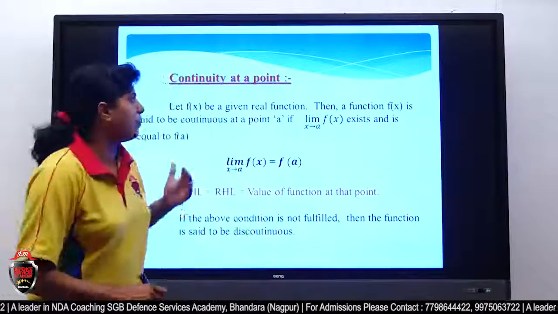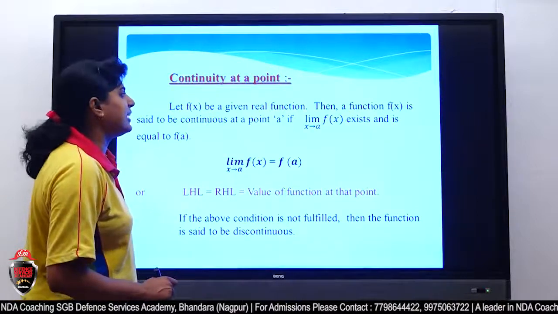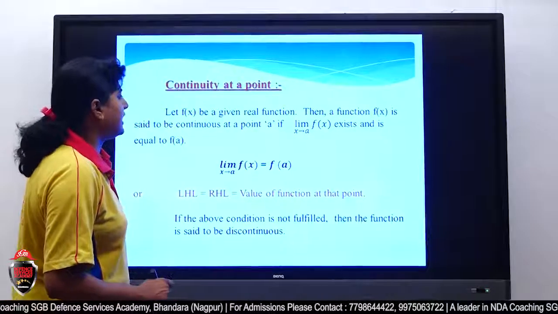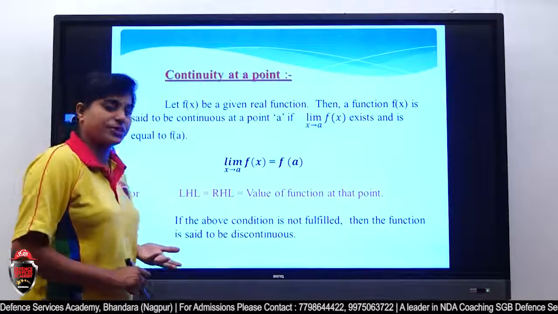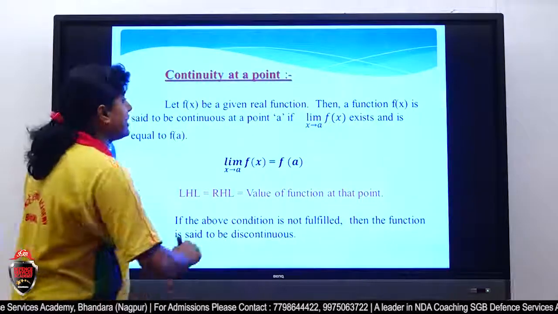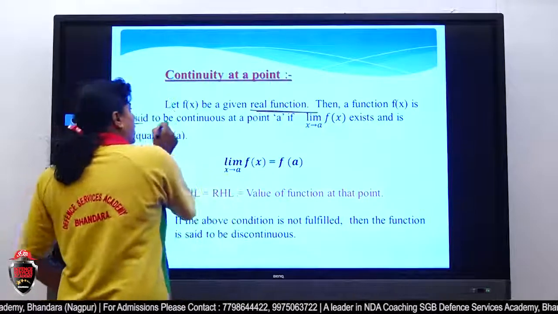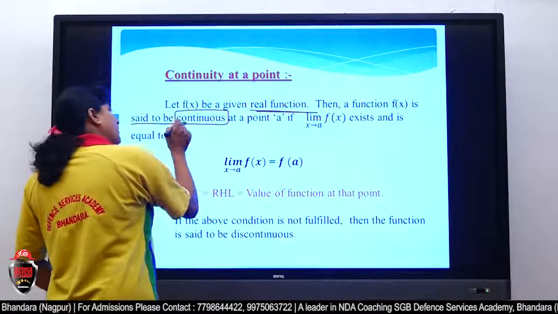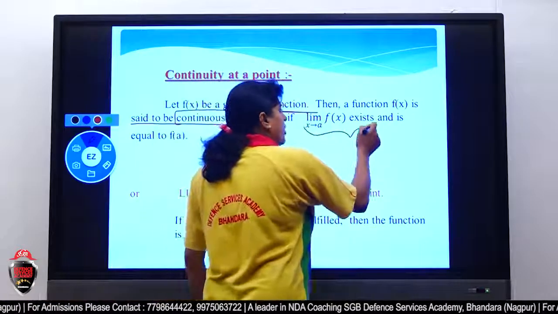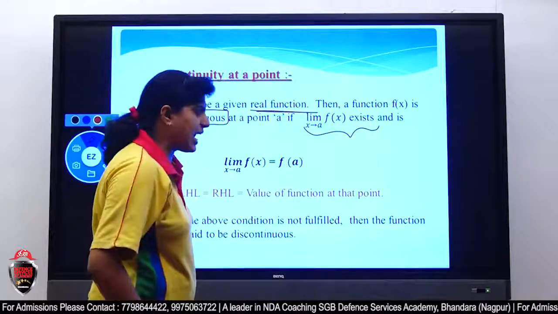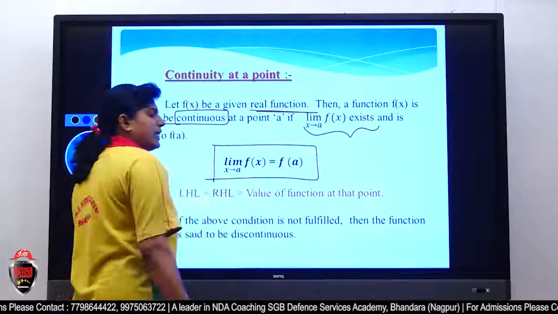Continuity at a point. So what does this mean? If any real function f of x is said to be continuous at a particular point, the limit exists and the limit as x tends to the point is equal to the value at that point.